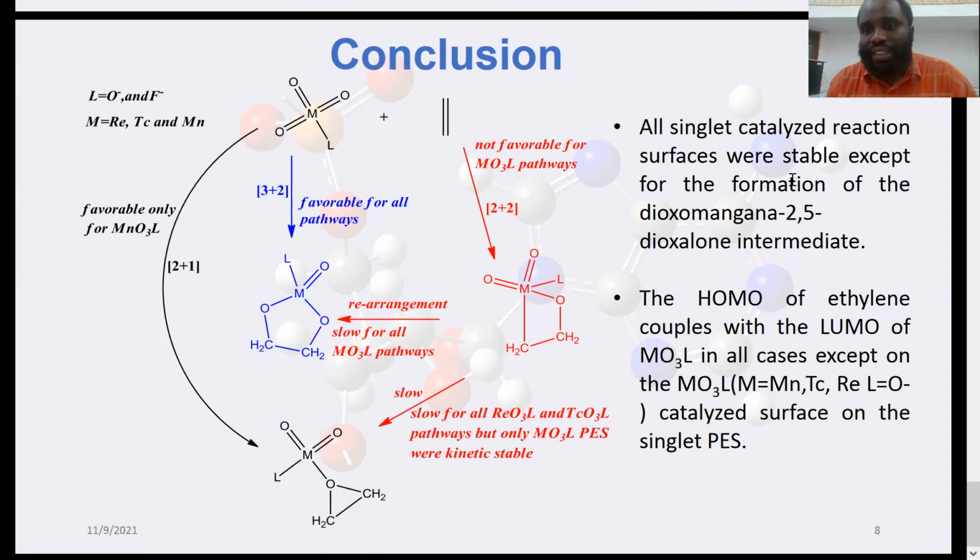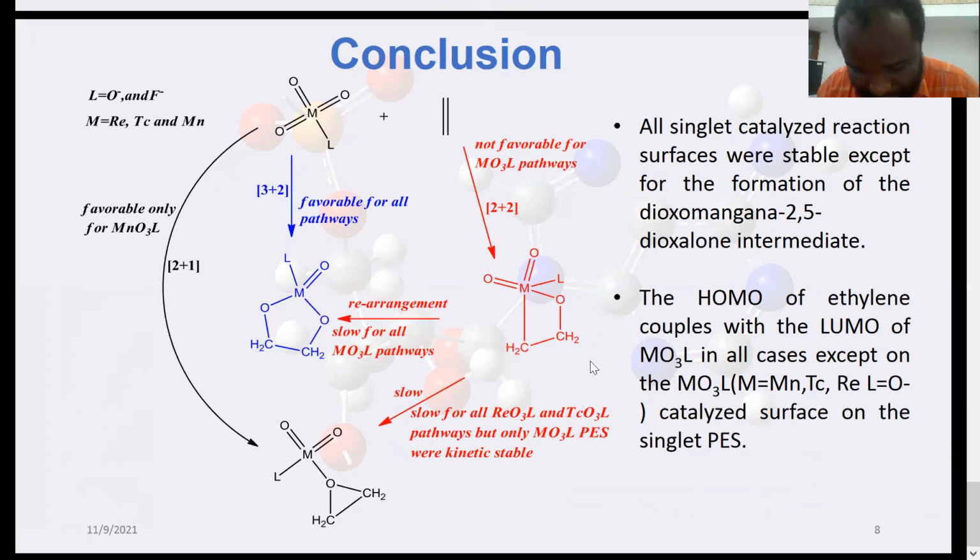In all cases, the catalyzed pathway structures were stable on the singlet surface, except for the formation of the dioxylate from the MnO3F catalyzed pathway, that's the dioxomanganese 2,5-dioxolane intermediate. And in all cases, as said earlier, the HOMO of the ethylene couples with the LUMO of the complex, except in the anionic cases.